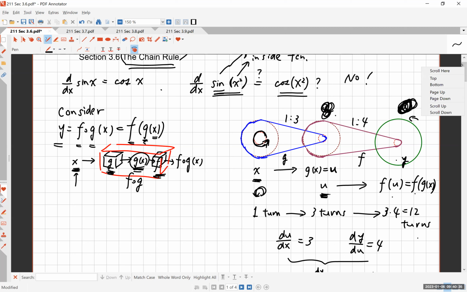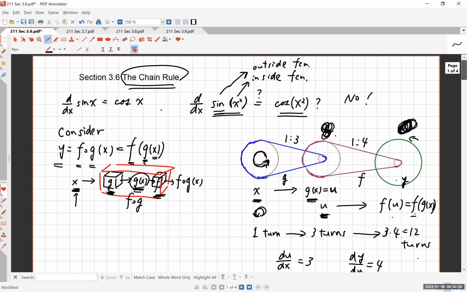So you have 2 derivatives involved in here. One is the derivative of g with respect to x, and the other is the derivative of f with respect to u, which is sort of like this intermediate result, g of x. I know it's a bit confusing because we have never really analyzed the composition of 2 functions this way.